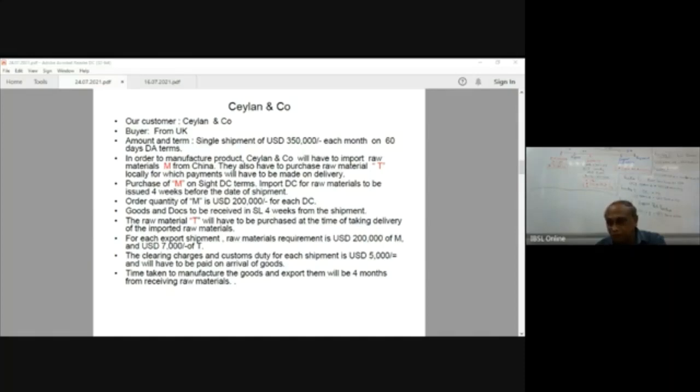Once the customer accepted the draft, the collecting bank, HSBC Sharjah, informed the remitting bank, Vijay Bank, India. I can remember the name, Vijay Bank, India.